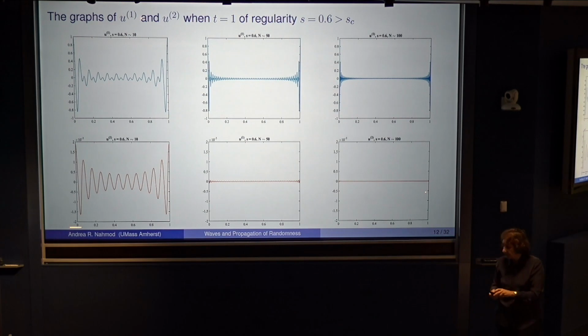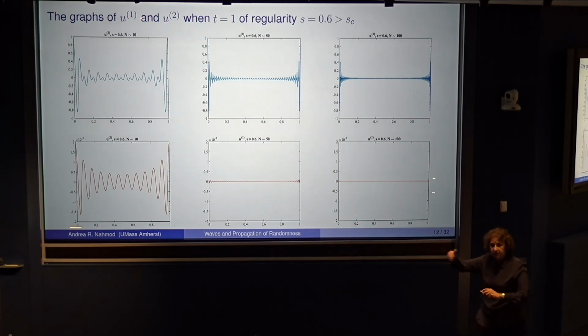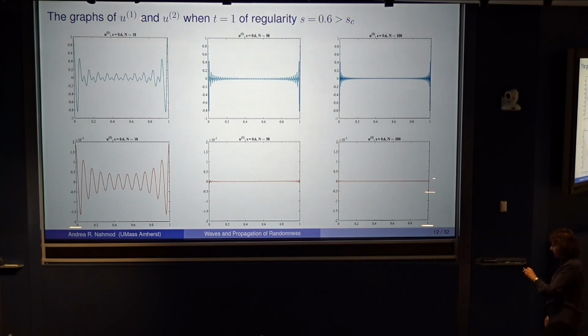So it's not hard to believe that for large frequencies, if you take all the iterates, U1, U2, U3, this will form a convergent series and will give rise to a valid solution, because things become very nice.